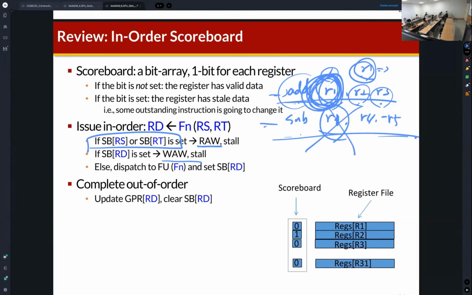It just avoids the issuance of this sub instruction. It does not check any latencies or the availability of the sub instruction.